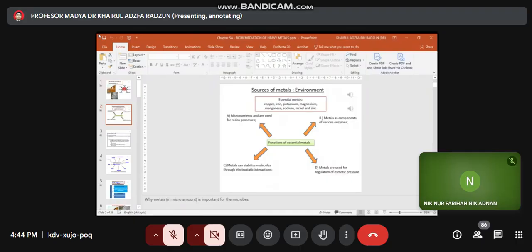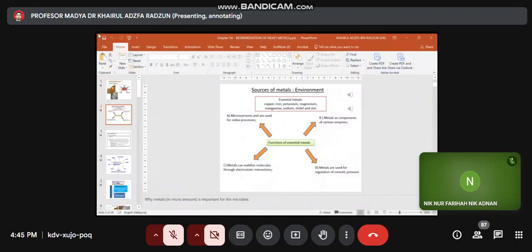You know that these metals in the form of ions, we can measure them as electroconductivity, and they become the salts within the cell. Salt, garam. So there is copper salt, iron salt, potassium salt, magnesium salt, manganese up to zinc salt. These salts are needed in order to maintain the osmotic pressure within the cell.